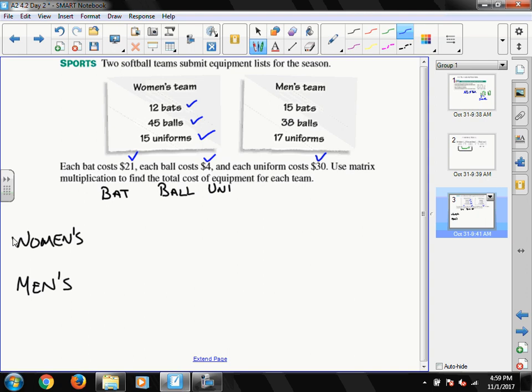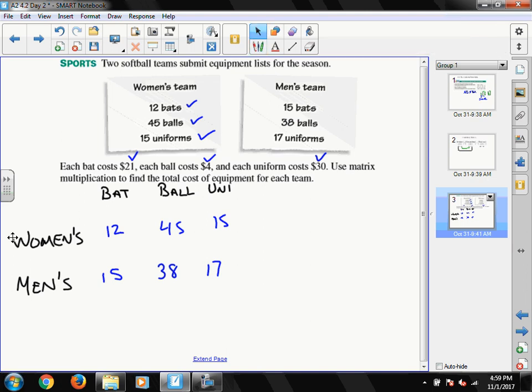Then the women's team, they tell me, needs 12 bats, 45 balls, 15 uniforms. Men's team needs 15 bats, 38 balls, and 17 uniforms. Again, put some brackets around here. We've got our matrix.